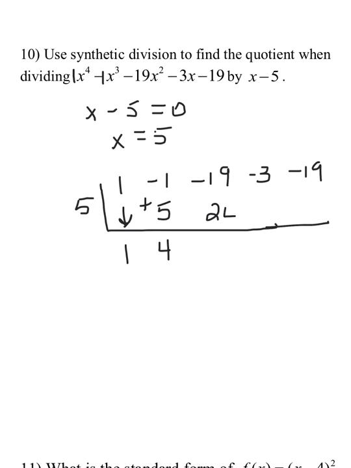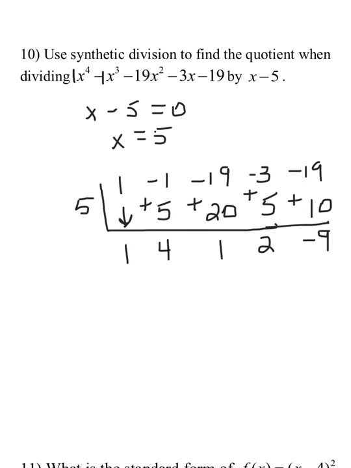Put that right here, and then add. Negative 19 plus 20 is 1. Then we multiply again. 5 times 1 is 5. And then add. Negative 3 plus 5 is 2. Multiply one more time. 5 times 2 is 10. Add. And we get a final negative 9.